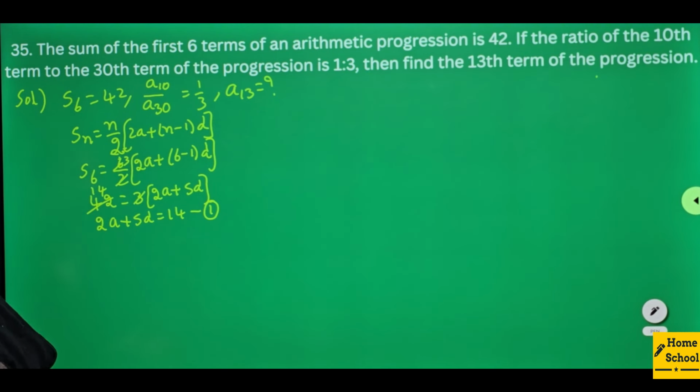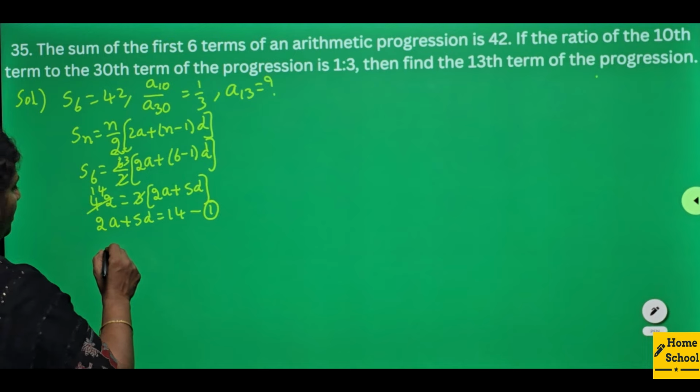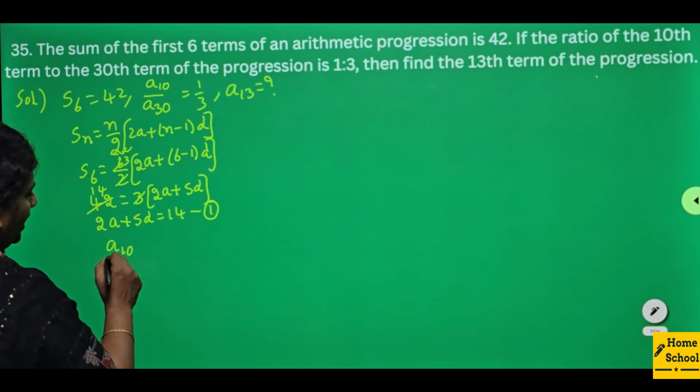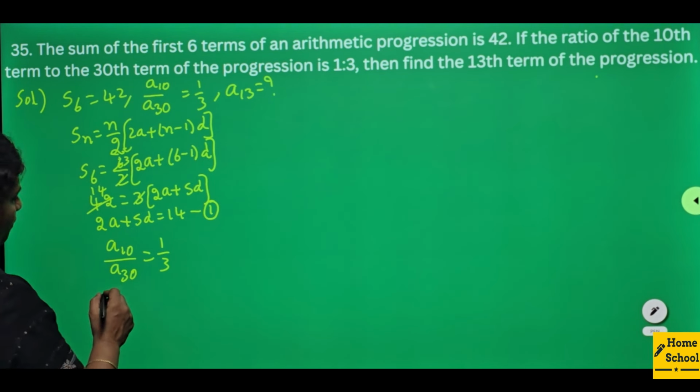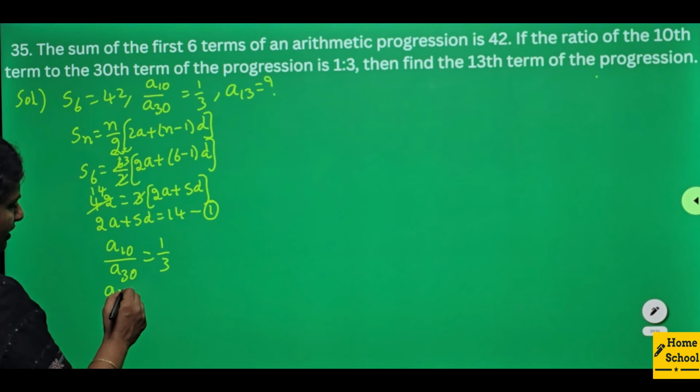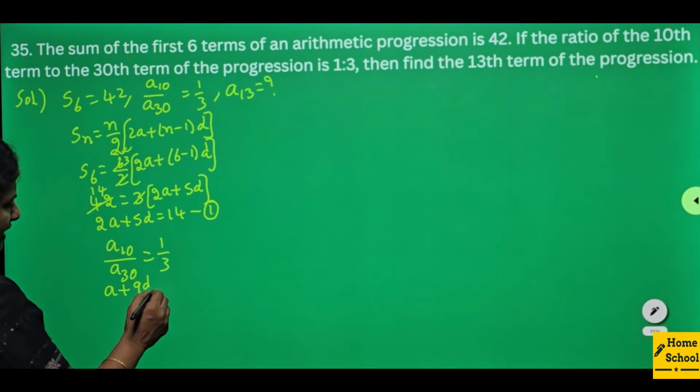What they have given, A10 by A30. Given A10 by A30 is equal to 1 by 3. Write in general form. A10 can be written as a plus 9d by a plus 29d is equal to 1:3.